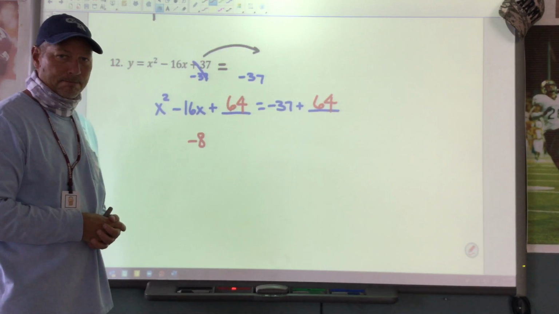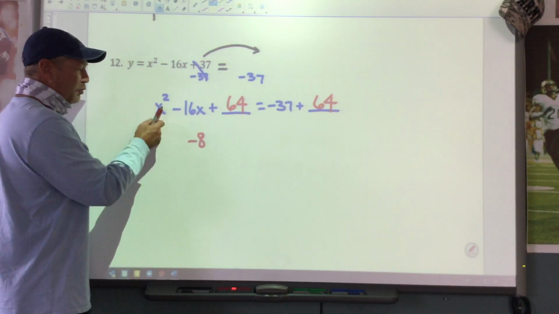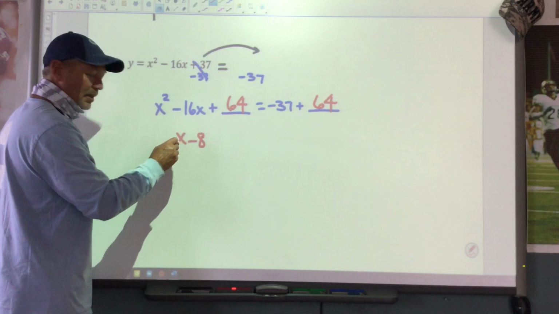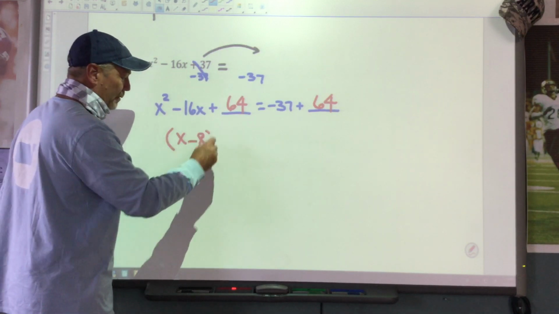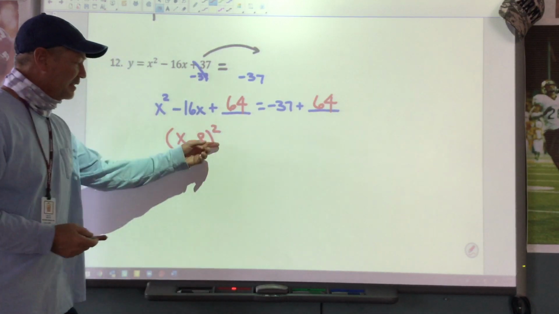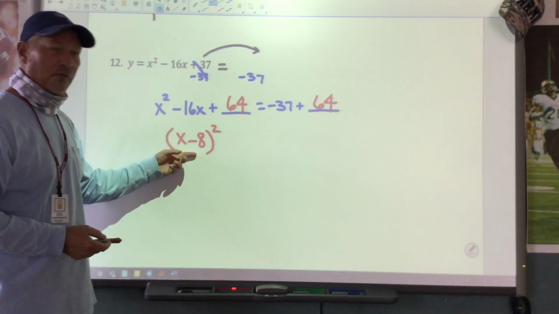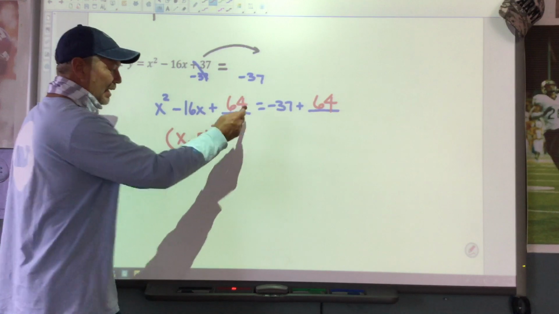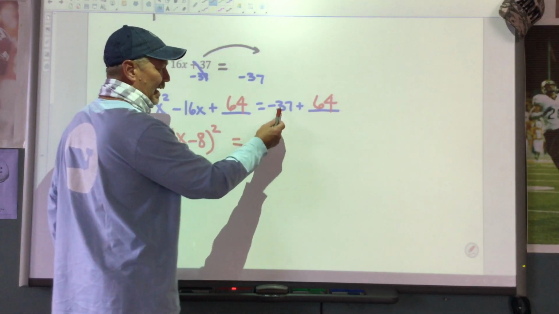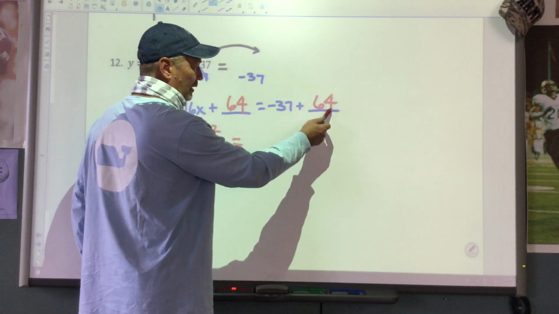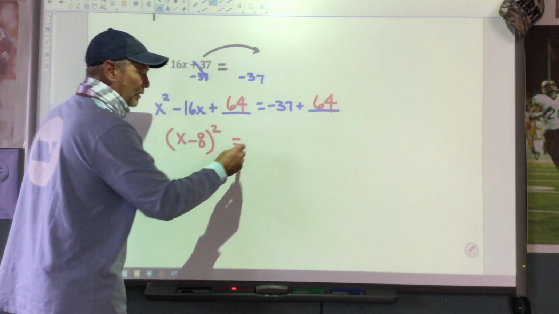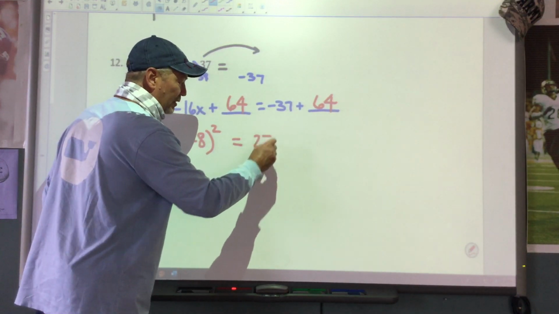Got it? Now I need you to bring down the x and the parentheses squared. This is the factored form of this trinomial. Equals negative 37 plus 64. That's going to leave me with a positive 27.